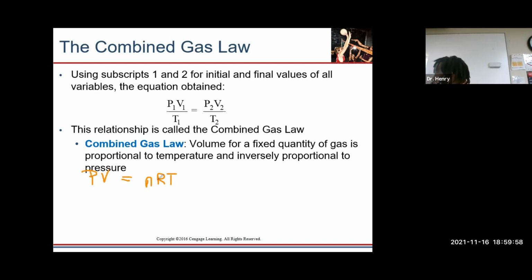Where R is the ideal gas constant, it's also called the universal gas constant.